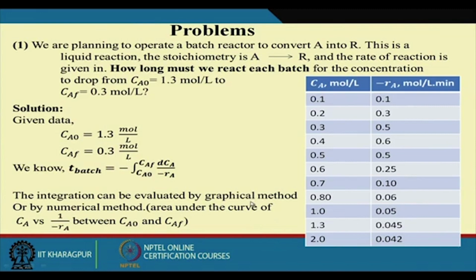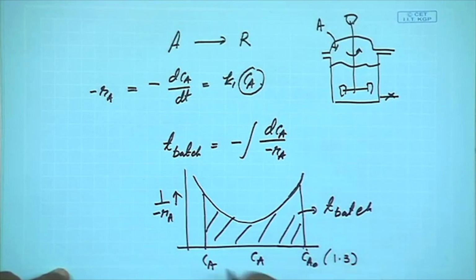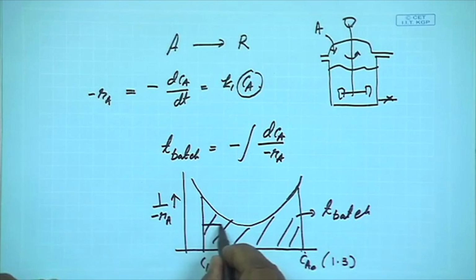Then we shall have to find out the area under this curve, where CA0 is 1.3 and CA is 0.3. How can you calculate the area?